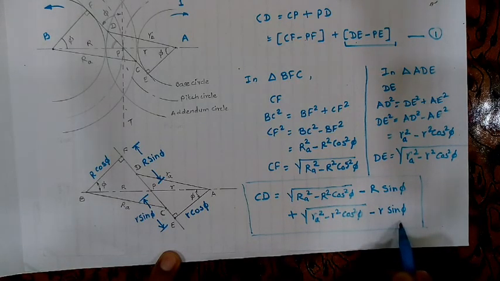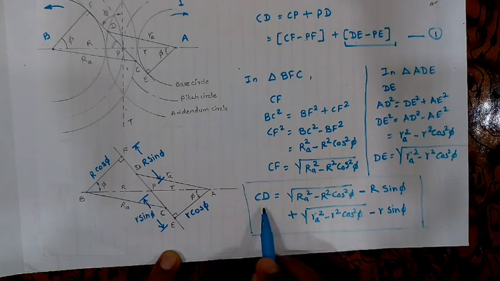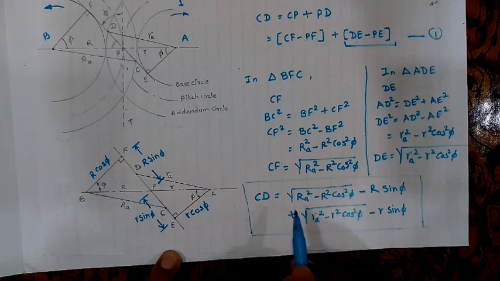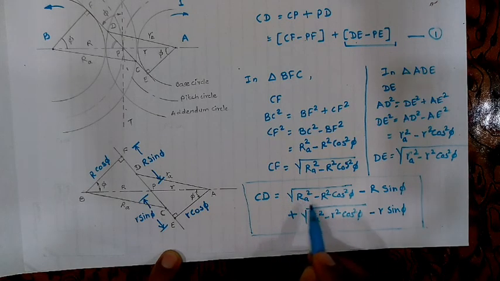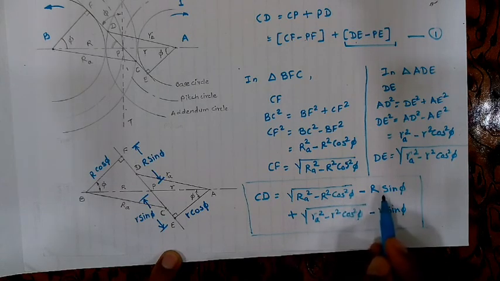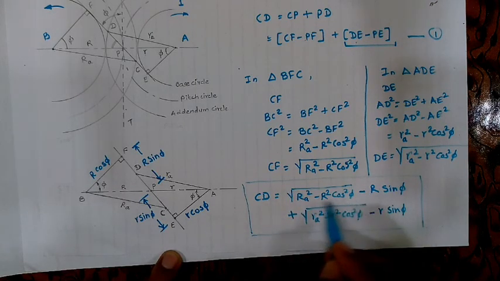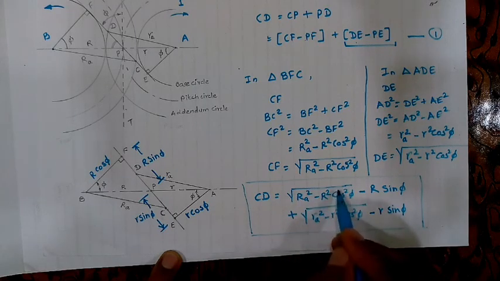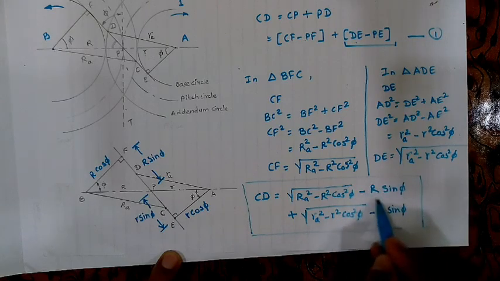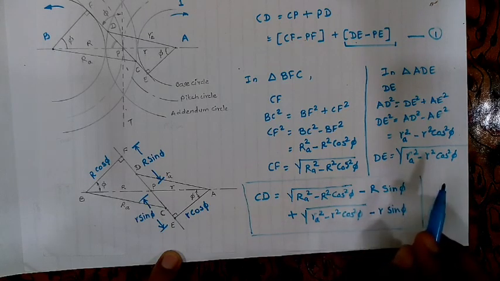So the path of contact has two parts, path of approach and path of recess. CD is the path of contact, which is under root of capital R_A square minus capital R square cos square phi, which is the term in root, minus R sin phi. Remember this, the minus R sin phi term is not in root.